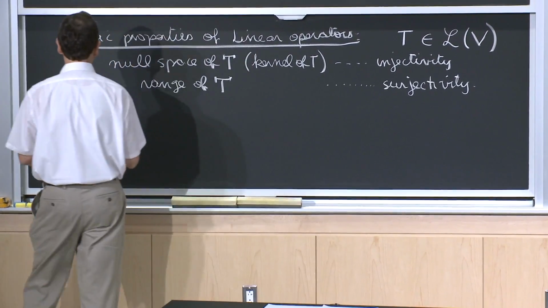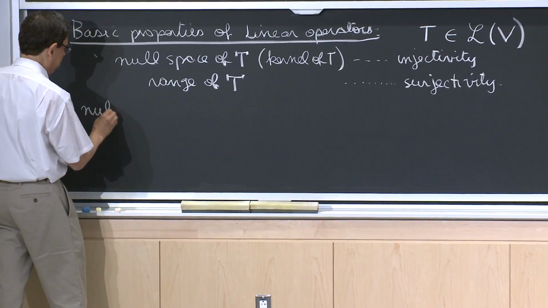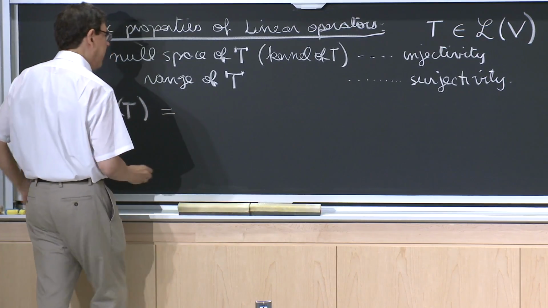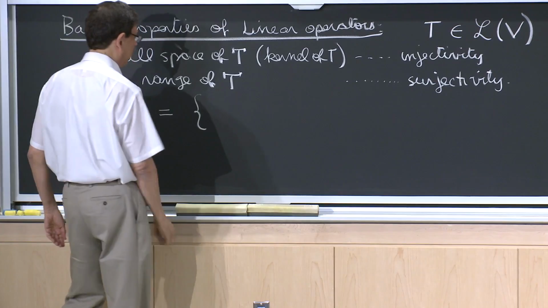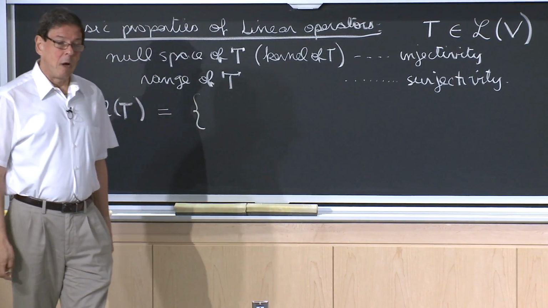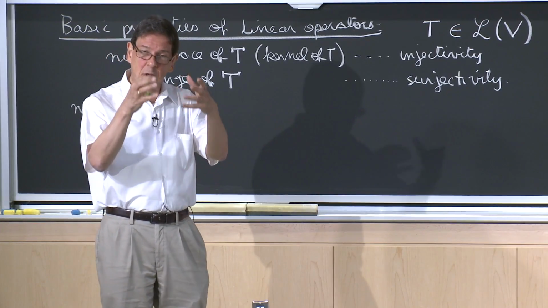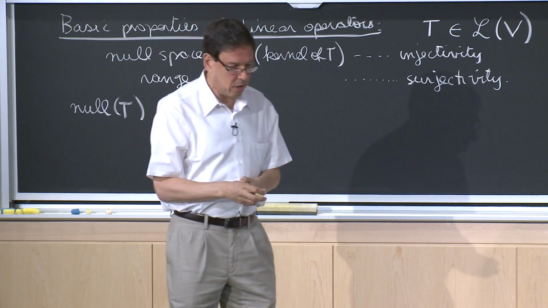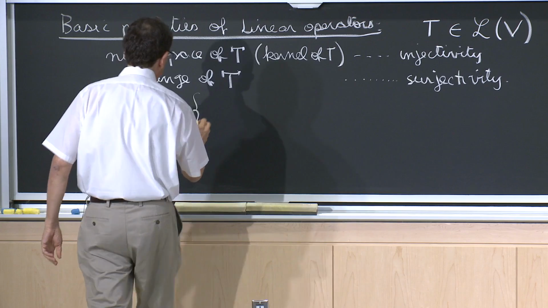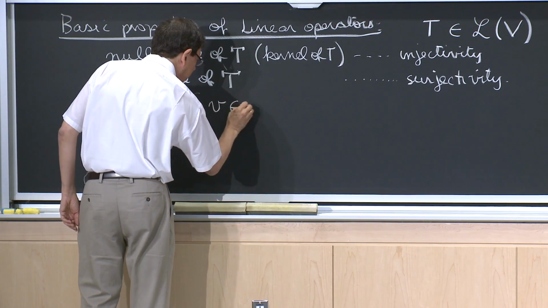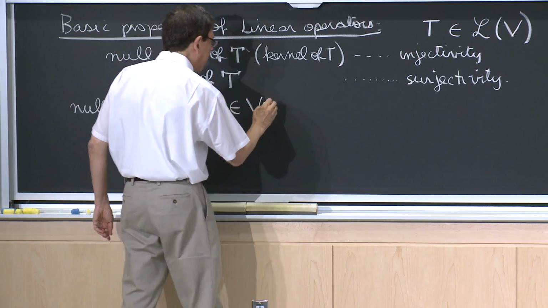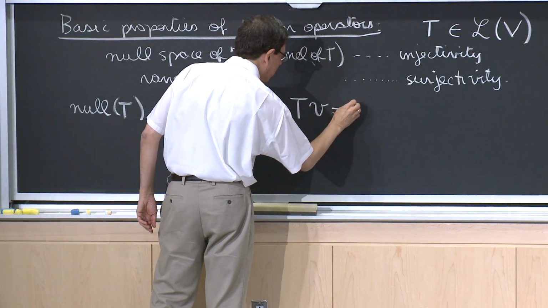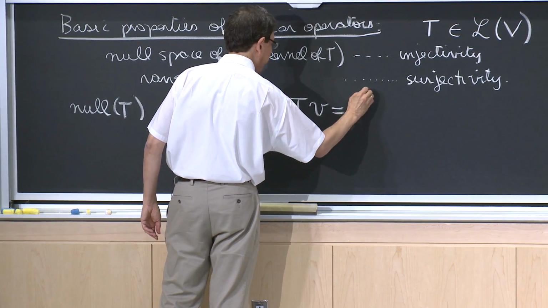The null space of T is the set of vectors of the vector space V that are killed by the operator T. So it's the set of vectors V belonging to V such that T of V is equal to the 0 vector.